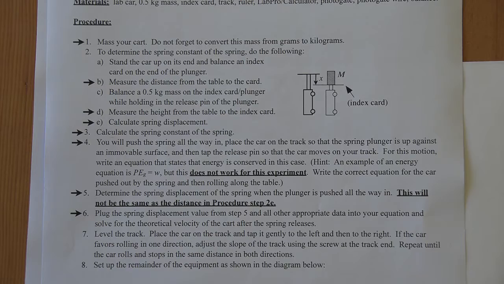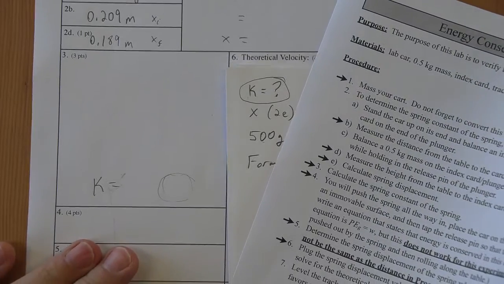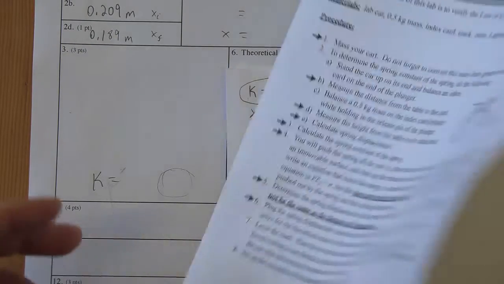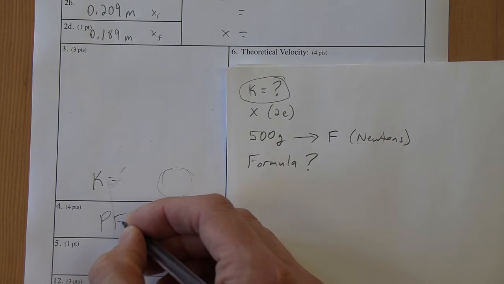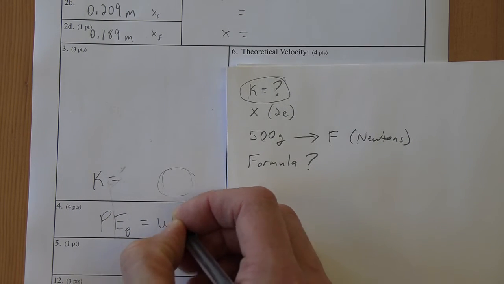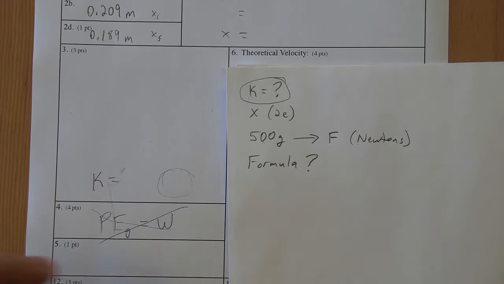Hint, an example of an energy equation is PEG equals W, but this does not work for this experiment. Write the correct equation for the car pushed out by the spring and then rolling along the table. So let me show you the motion again, because basically you have to generate a formula. Right here, you're going to write out a formula. Again, it's not PEG equals W, but it's going to look something like that, some kind of energy conservation formula. So let me show you a replay of what we saw earlier.